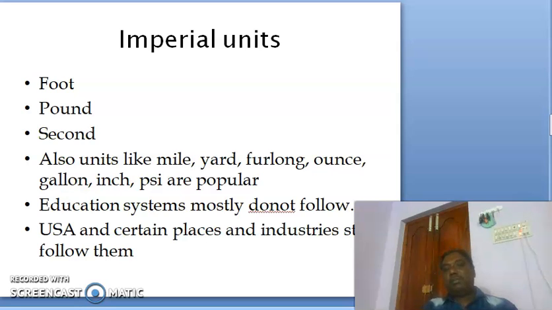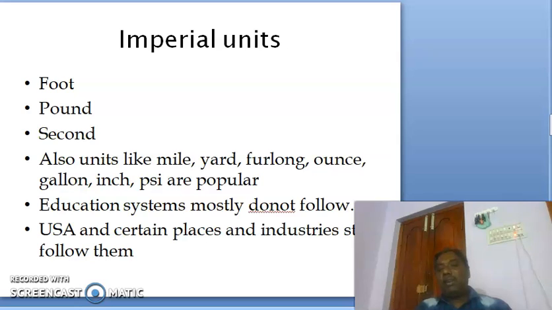Imperial system or imperial units. It is also referred to as the FPS system, where F stands for foot, P for pound and S for second. Units like mile, yard, furlong, ounce, gallon, inch and PSI are popular imperial units.